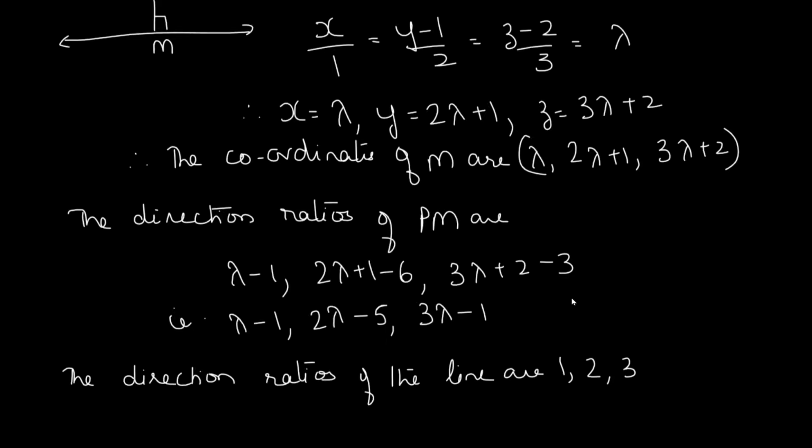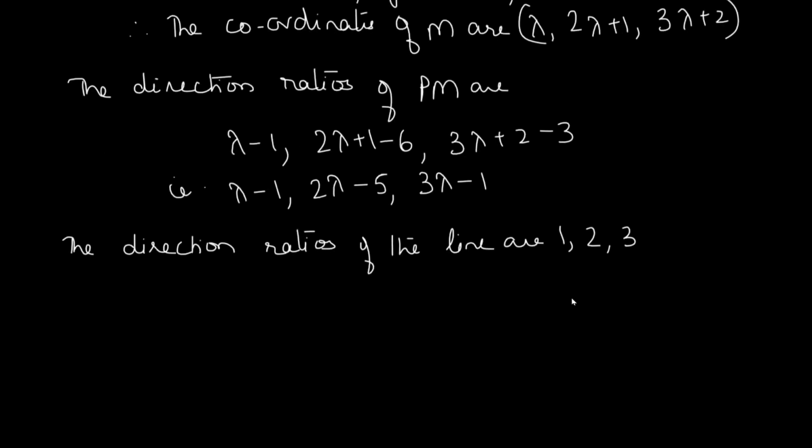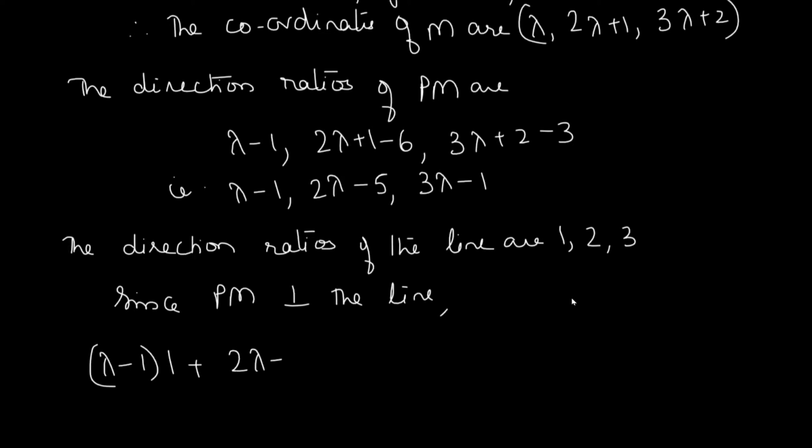Now the line is perpendicular to PM. Since PM is perpendicular to the given line, we can say that the direction ratios satisfy this relationship: (lambda minus 1) into 1 plus (2 lambda minus 5) into 2 plus (3 lambda minus 1) into 3 is equal to 0.